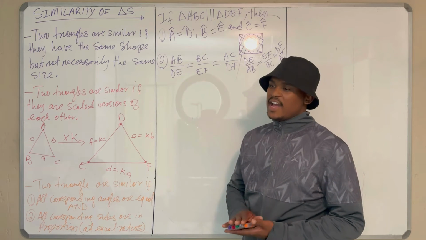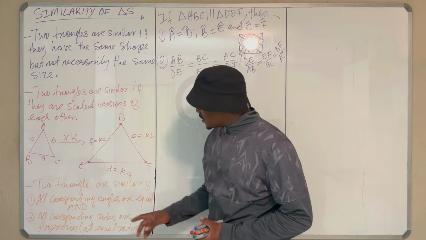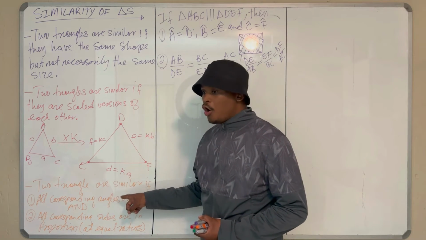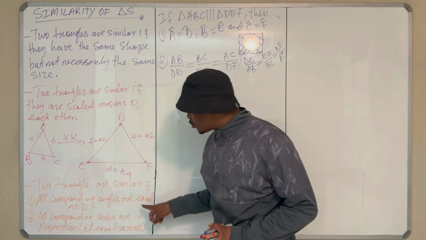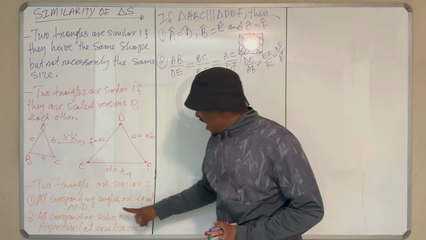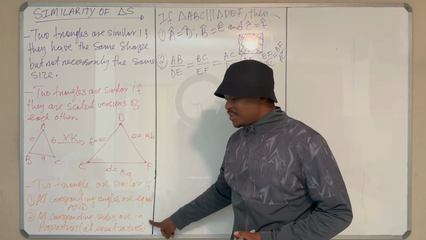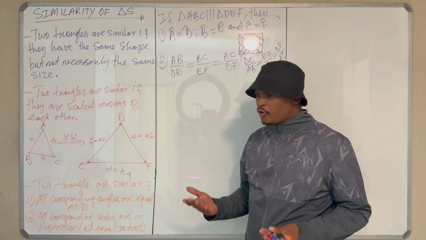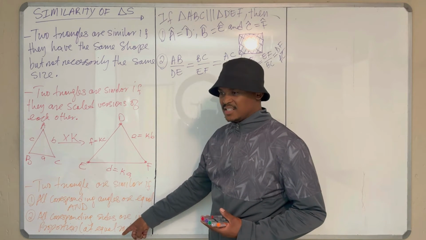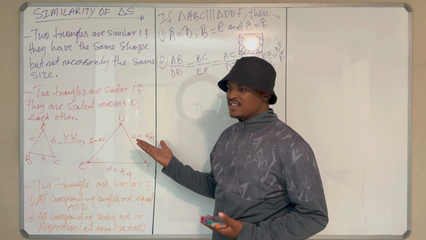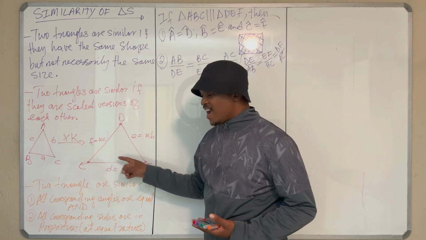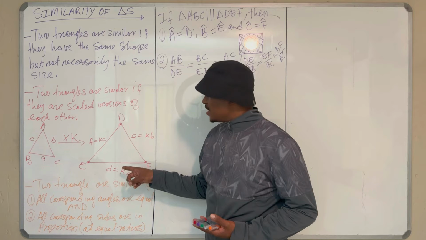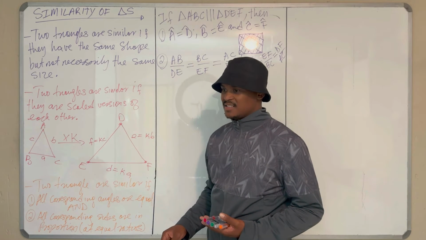You can say, okay, if you can show that number 1, all corresponding angles are equal, and number 2, all corresponding sides are in proportion, that should be enough, right? Of course, because we will have proved both conditions. Yes. Which means we'll look at the given triangles, and look at the angles, and look at the ratios of the corresponding sides.